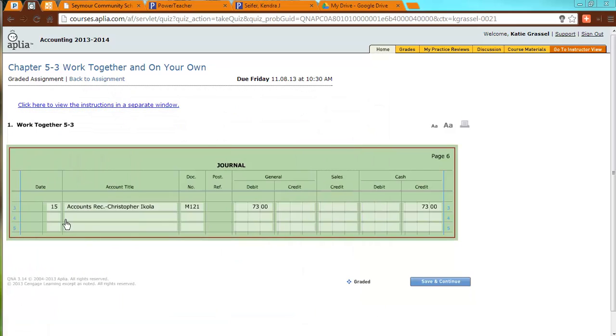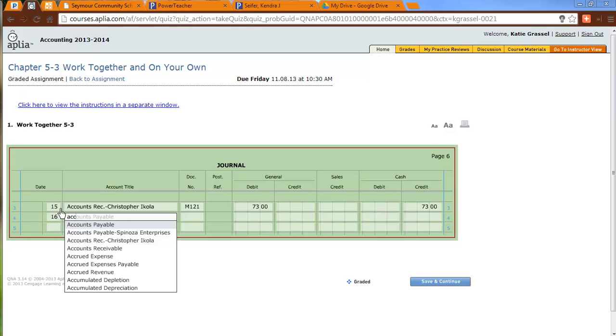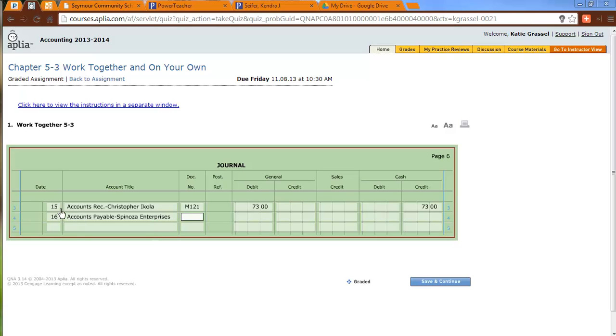So for this one, I'm going to put the date of the 16th, and who am I paying but accounts payable, Spinsoda Enterprises, and it's going to be a source document of M122, and it's going to be a general debit of 135 and a cash credit of 135. So again, another example of crediting cash, and it's not a check, but it's like a check because it's an EFT.